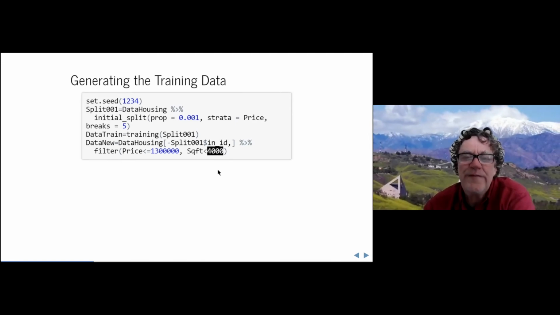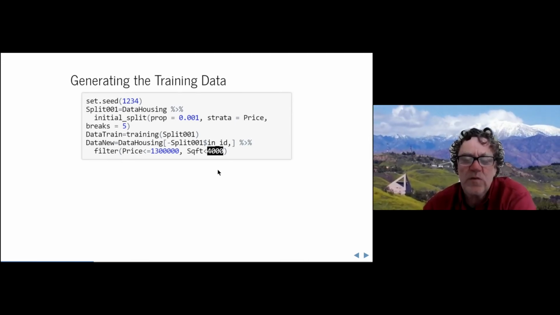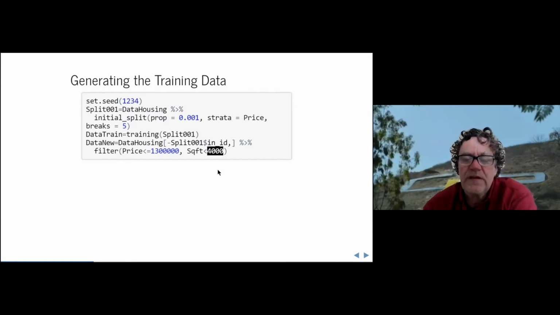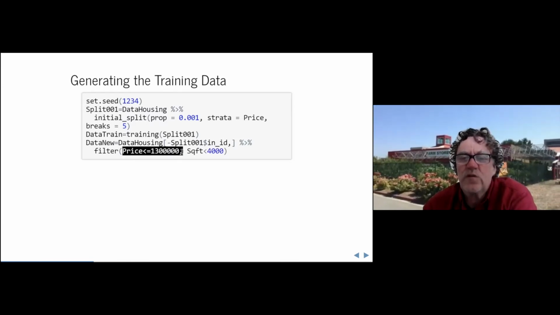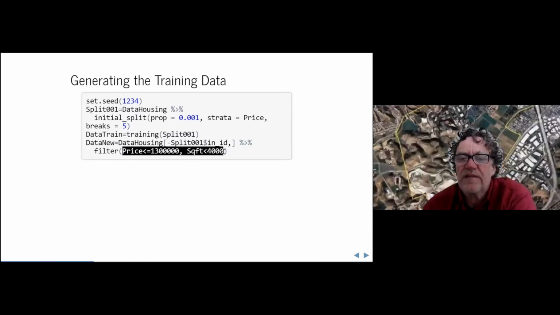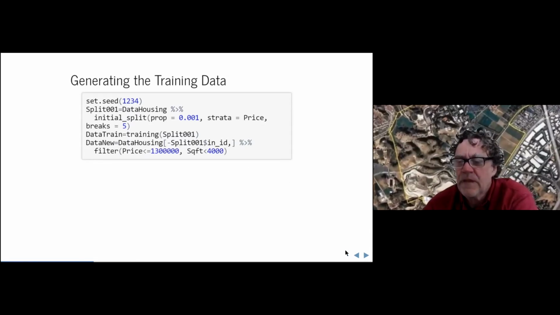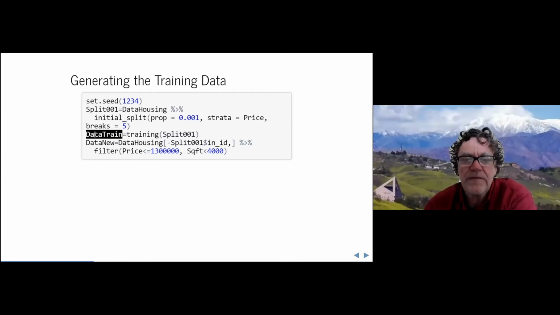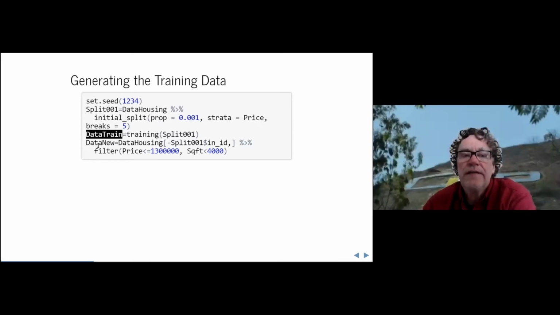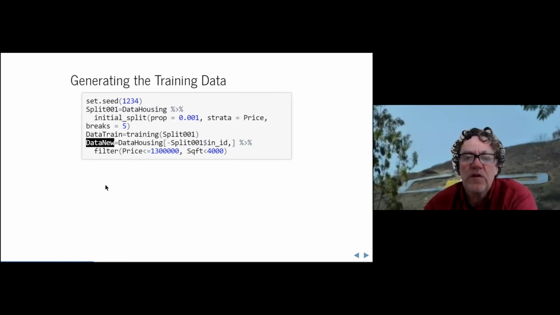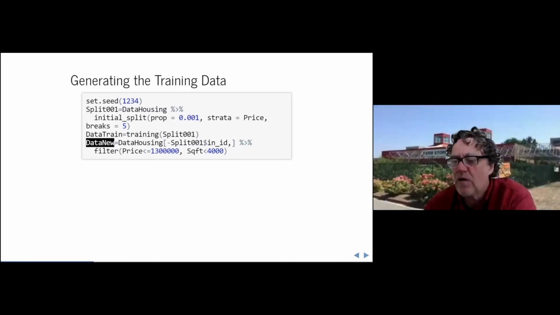And it would be unfair to compare the quality of the training data later on a data range that was never used for training. So that's why we take these ones out. So at the end, we have a data set, data train, we use to build our model. And we have data new that we want to use later on to see how well our model predicts.